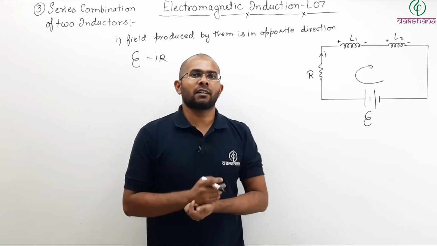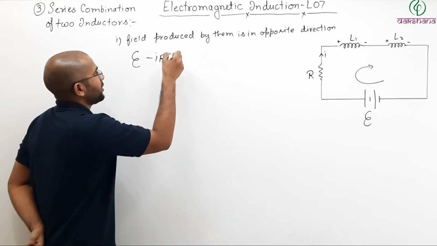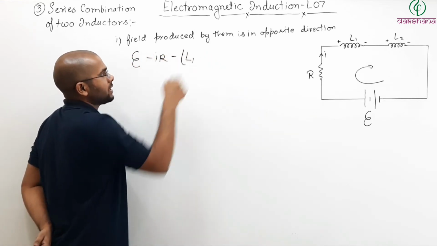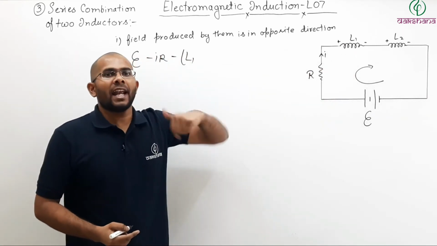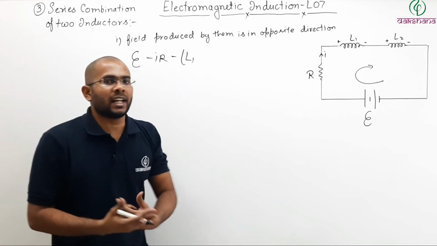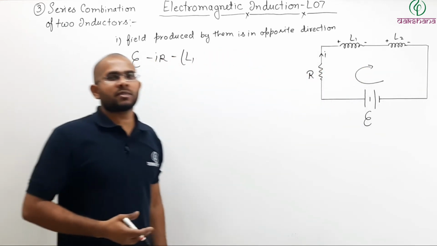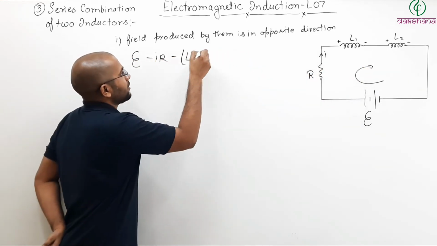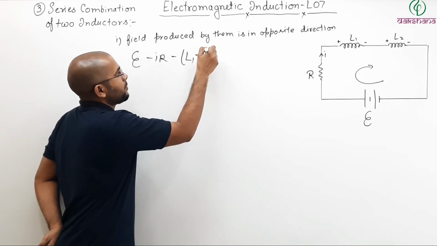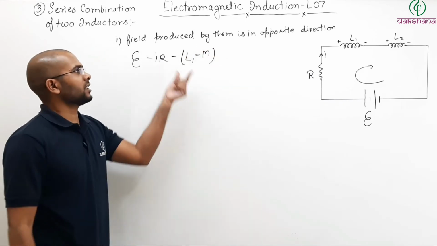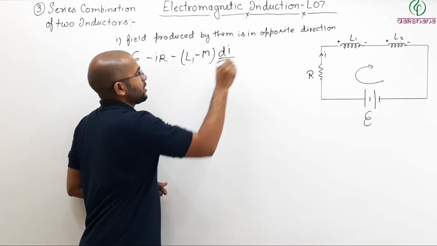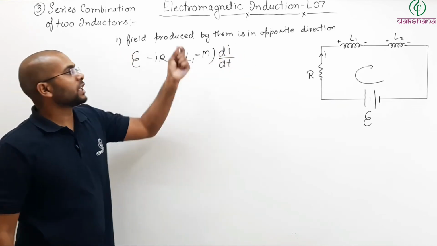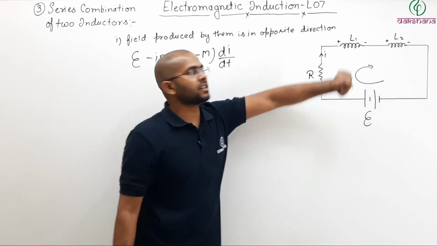That will be minus of L1, and there is a mutual inductance, such that they are opposing each other's magnetic field. So minus L1 minus M, like this you will write, di by dt. So this will be your EMF produced across this inductor.